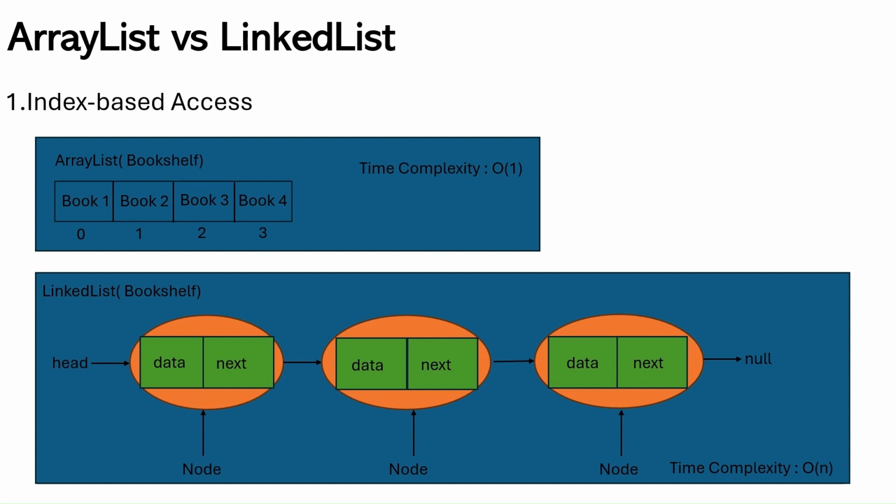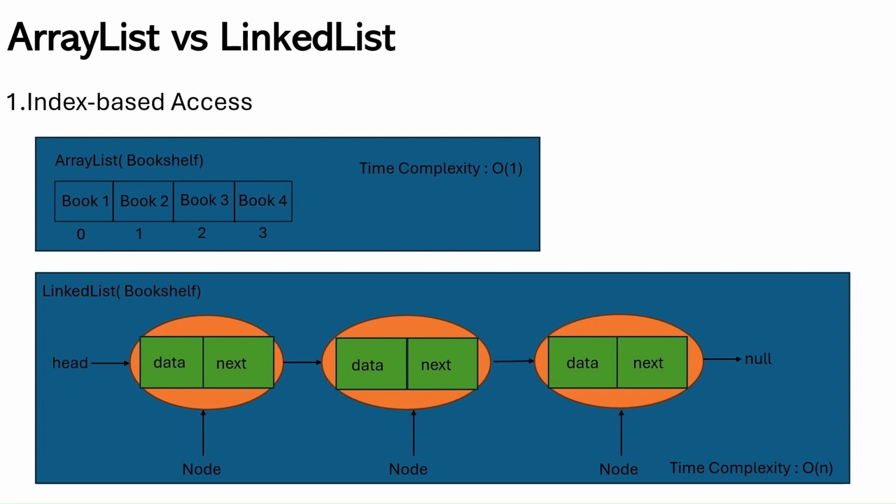To sum up, let's look at the time complexity again. For ArrayList, it's O(1), as you can see on your screen here. You can directly get access to any element with the same speed, no matter the size. On the other hand, for LinkedList, it's O(n), linear time.